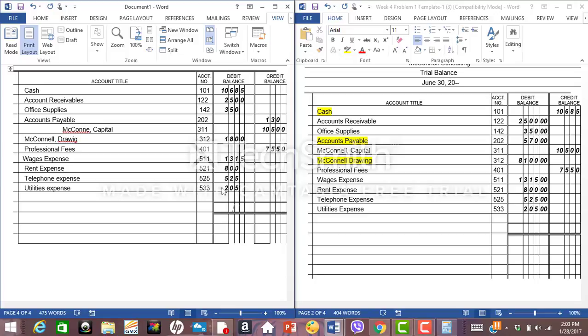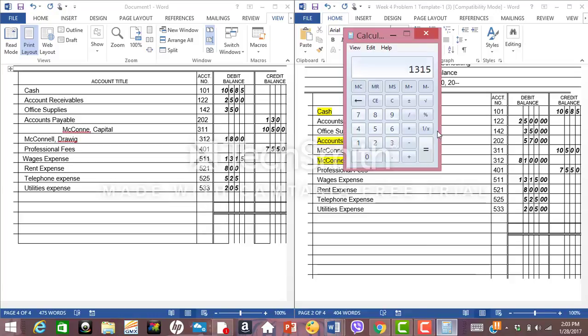Now what I'm going to do is add all of our debits and then add all of our credits and see if we get an even amount. So 10,685 plus 2,500 plus 350 plus 1,800, 1,315 plus 800 plus 525 plus 205, that adds up to 18,180.